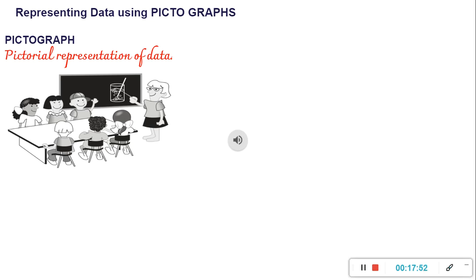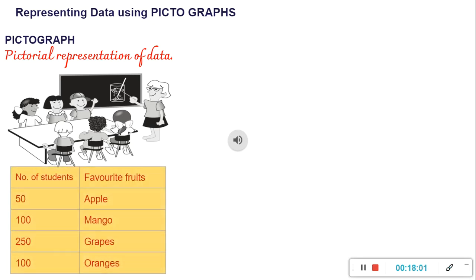Okay? And the responses that the teacher received were something like this. The class consists of 500 students, and it was found that 50 of them liked apple.